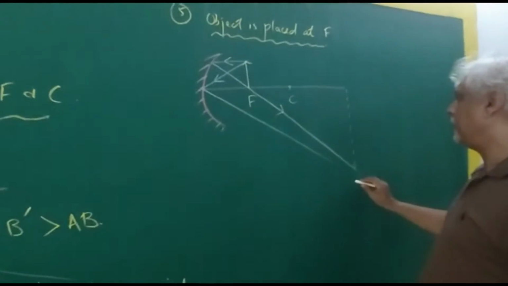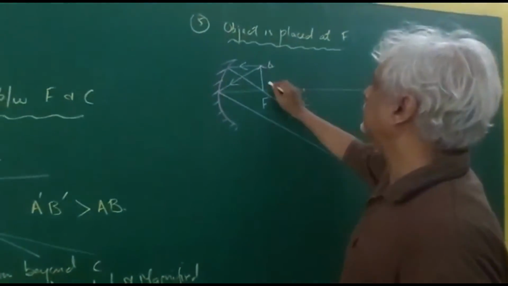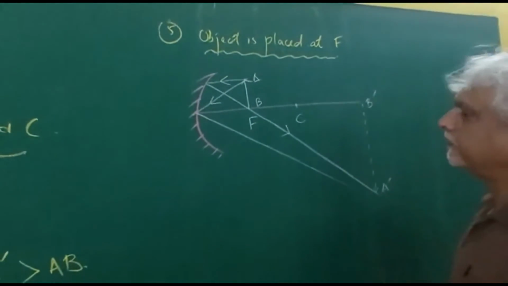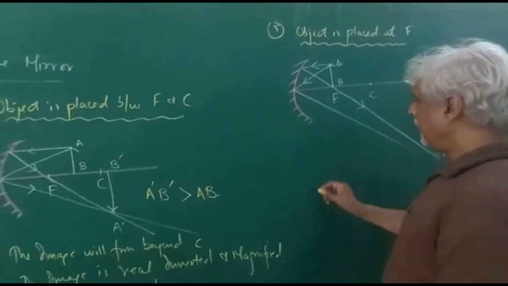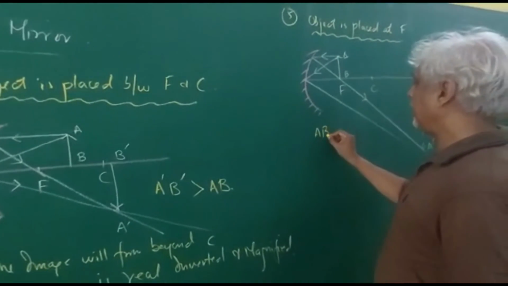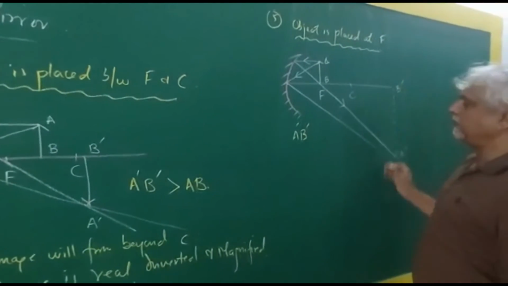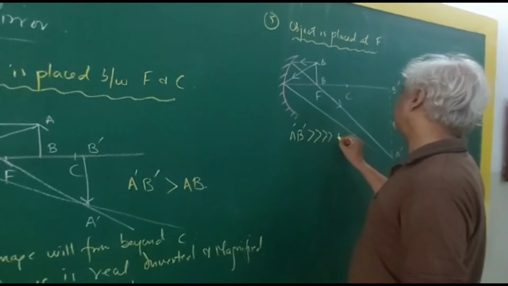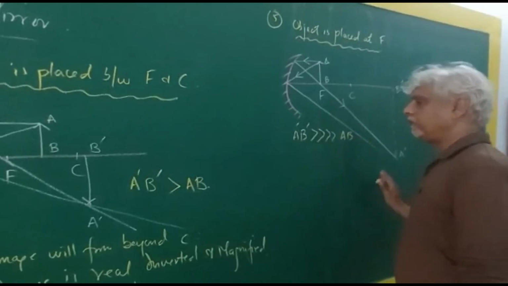So somewhere at infinity the image will form, and you can see here that the image is highly magnified. A dash B dash, which is your image, will be far greater than the object, and it will form at infinity.